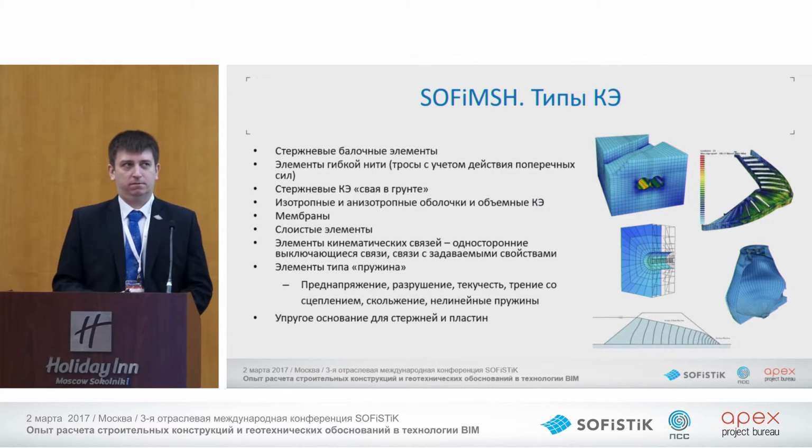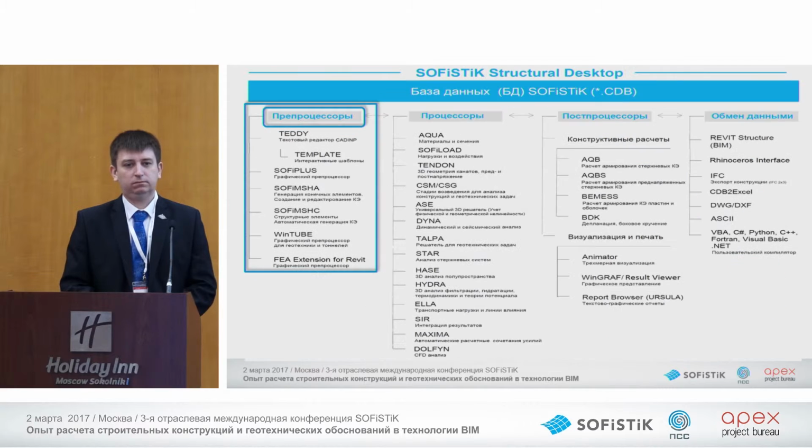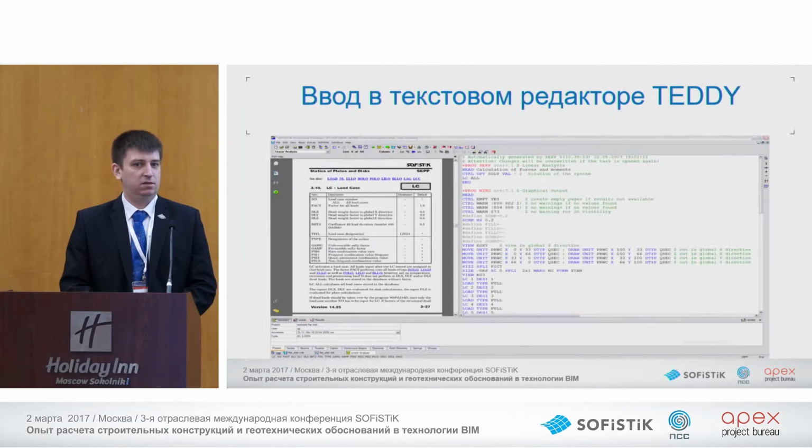Here you can see some types of finite element meshes. I won't go into much detail, but it's enough to say that it is enough to be able to find a solution to any engineering problem.